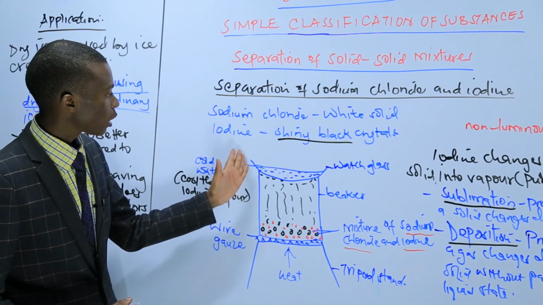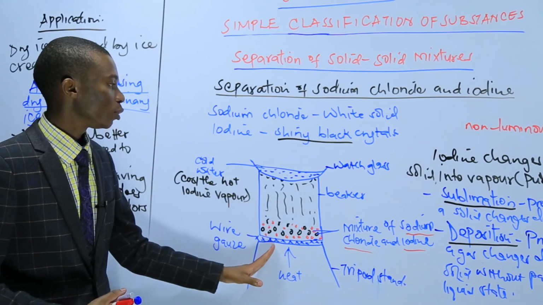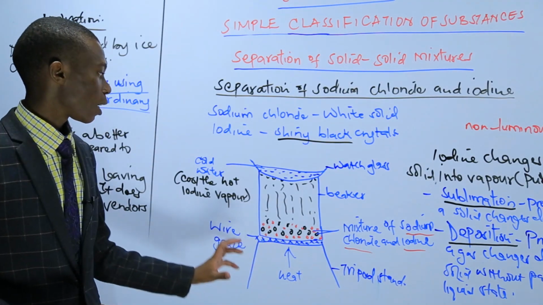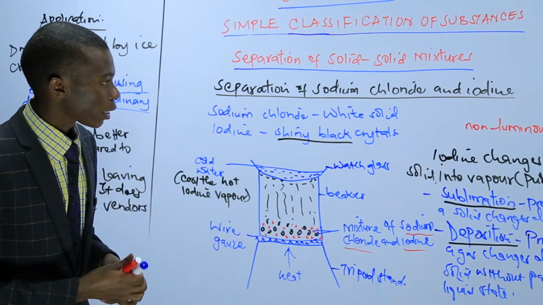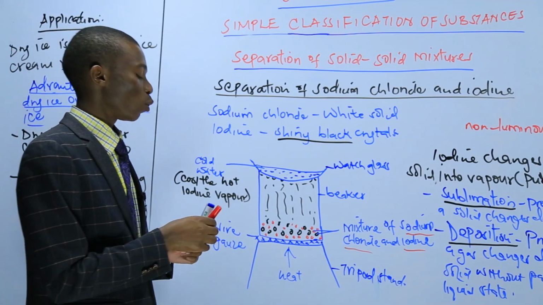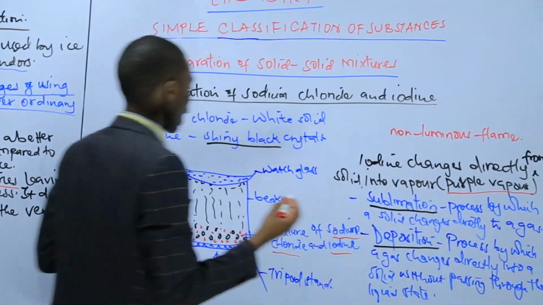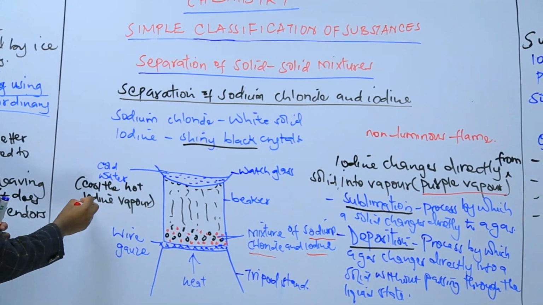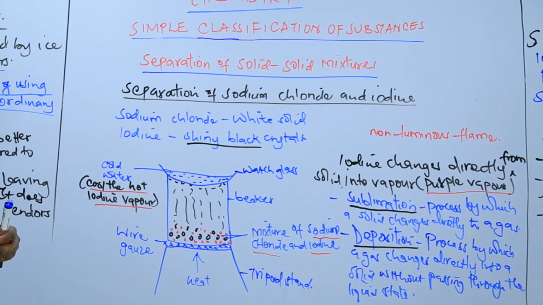When you put this white-gray solid in a beaker like this and you are heating it, with a watch glass with cold water over it, then the iodine is going to change from a solid to a gas direct. I've told you that the color of this gas is purple. It is just purple vapor. The function of the cold water is just to cool the hot iodine vapor.